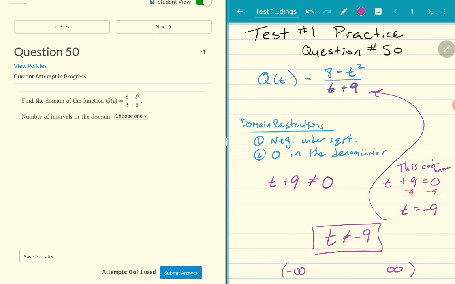So negative infinity all the way up to the negative 9, and then leave it out by putting parentheses around the negative 9. Parentheses means it's not included. So that includes everything from negative infinity to infinity except for the negative 9. So there is the answer I'm going to put in my computer for my interval notation.